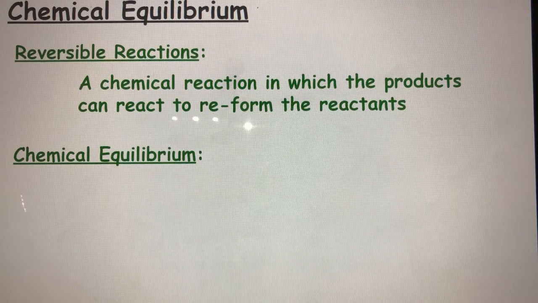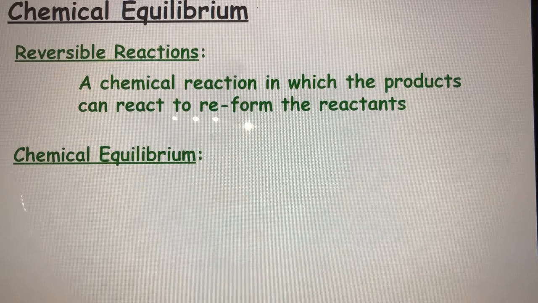The reverse reaction would be the bicycle being taken apart. So taking the product and breaking it down to form more reactants, all right?